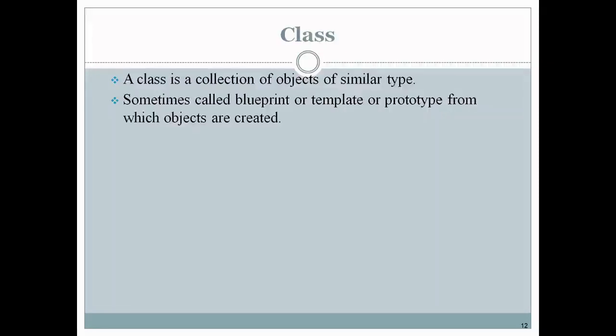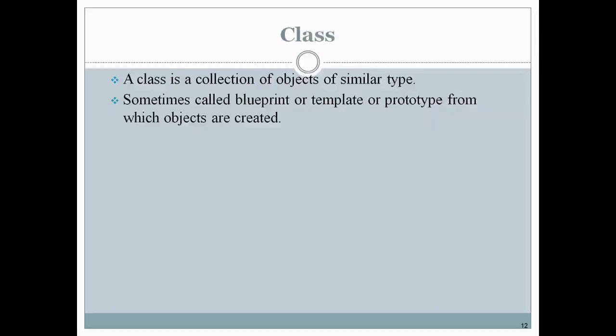Means you are not directly constructing the building, but first you are preparing the plan and then you are constructing the building as per the plan. Same way in object-oriented programming, first we need to create a template or a blueprint.